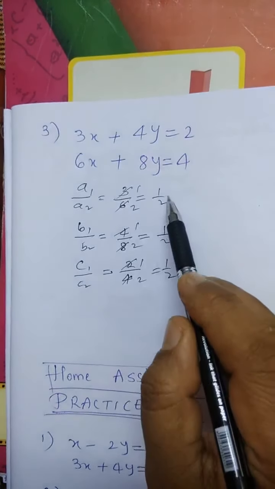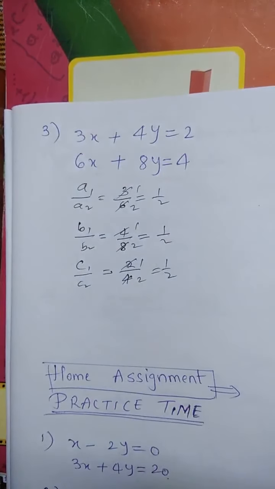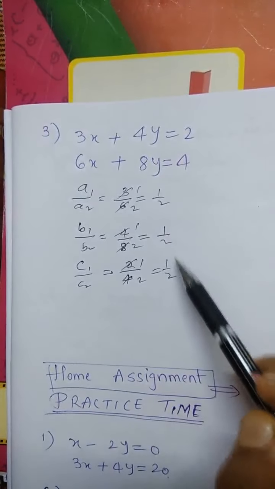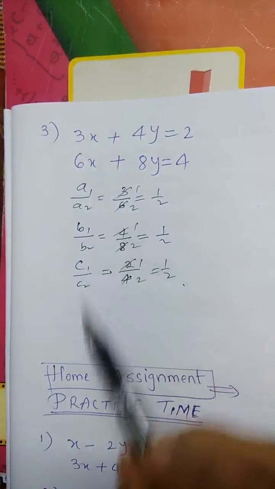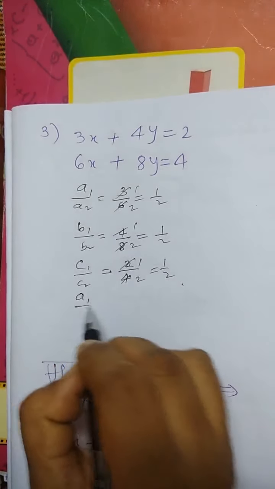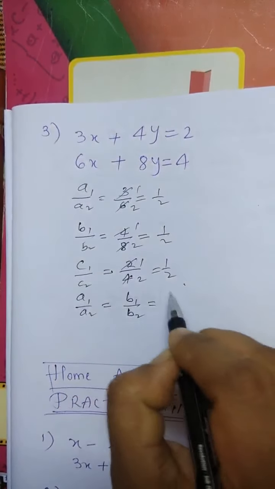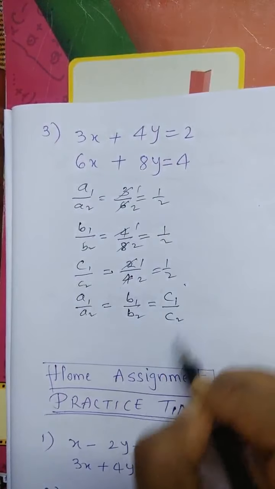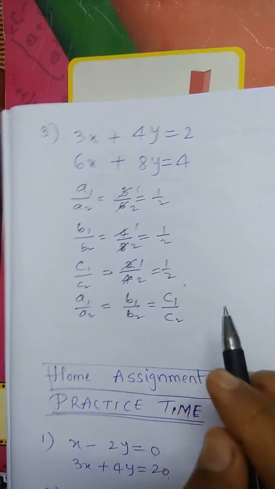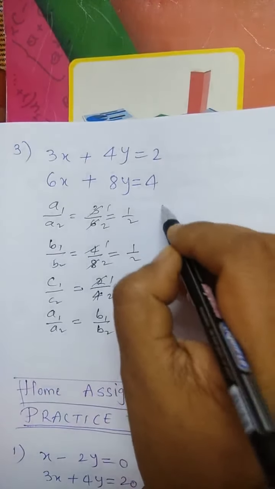Yeah, here we can observe that all three are equal: 1 by 2, 1 by 2, 1 by 2. Means A1 upon A2 is equal to B1 upon B2 is equal to C1 upon C2. This is the condition for which type of lines?